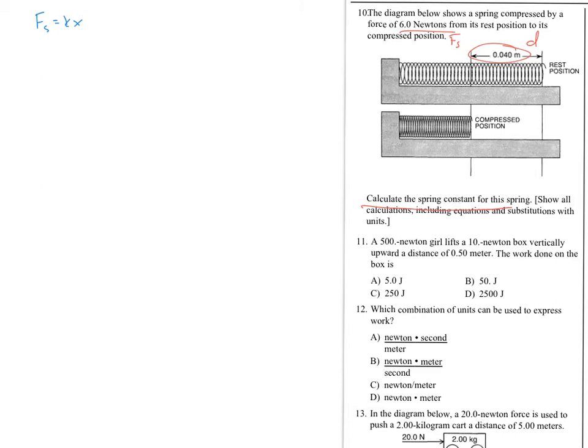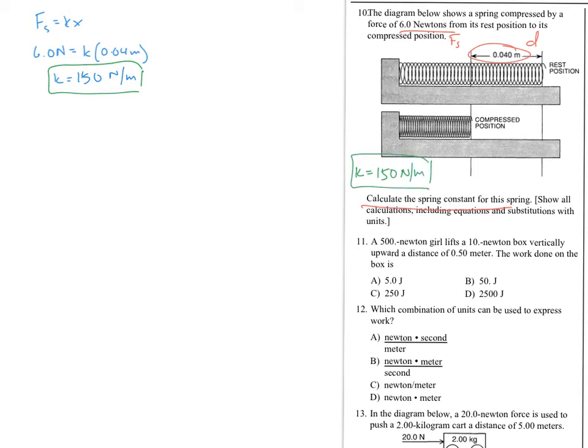Our spring force is equal to 6 newtons. K is what we're solving for, and our x distance is 0.04 meters. 6 divided by 0.04 gets you 150. What's the units for K? Newtons per meter, and that is it. So for number 10, K is equal to 150 newtons per meter.